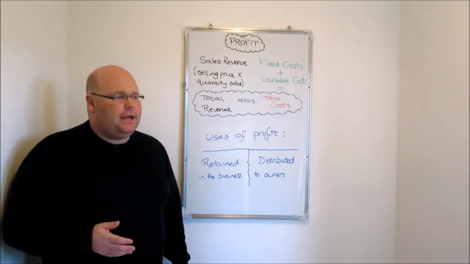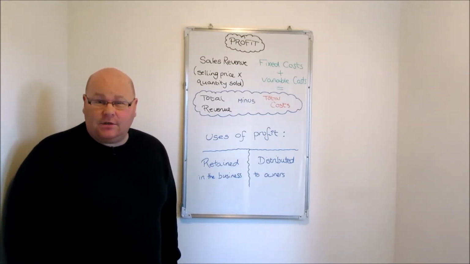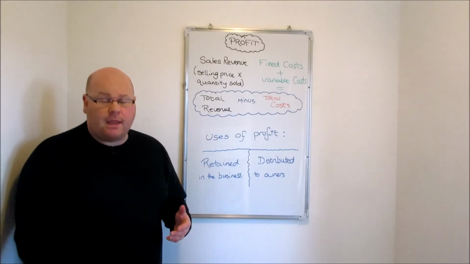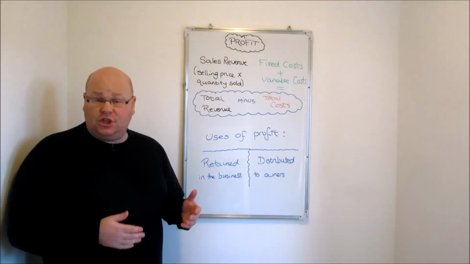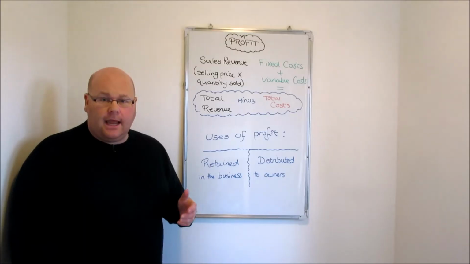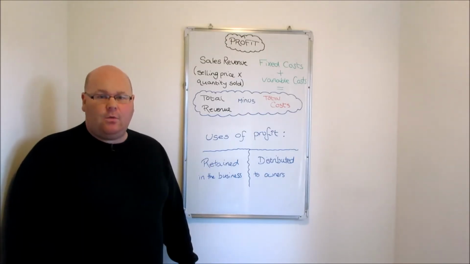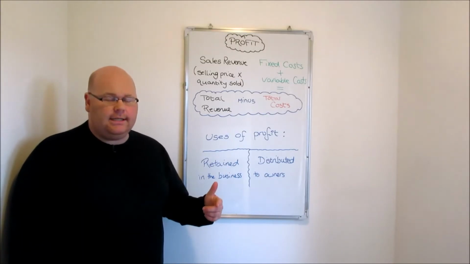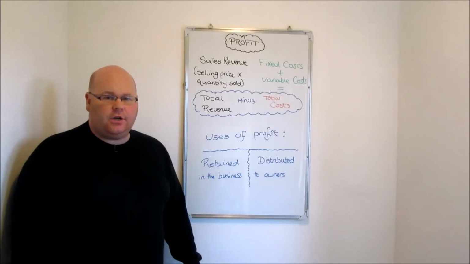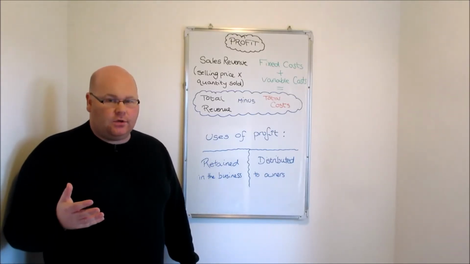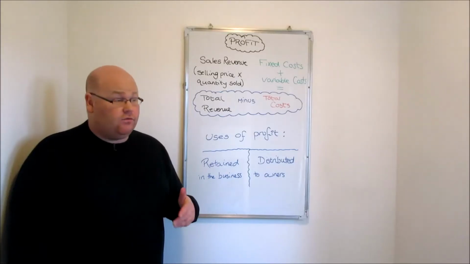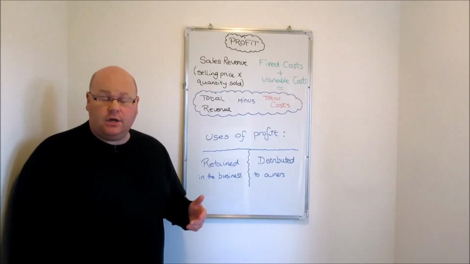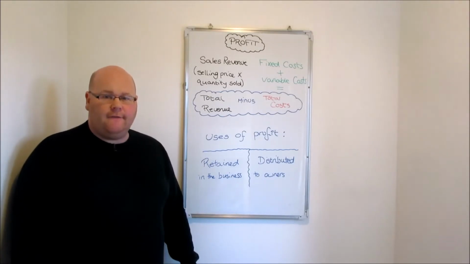Now, in order to calculate our costs, we've got to look at a second category as well, which are known as variable costs. Now, these are costs that are going to change or alter in relation to our level of output. So as we increase the scale of our production, some of our costs are going to rise. And if we were to reduce the scale of our production, these costs would fall.